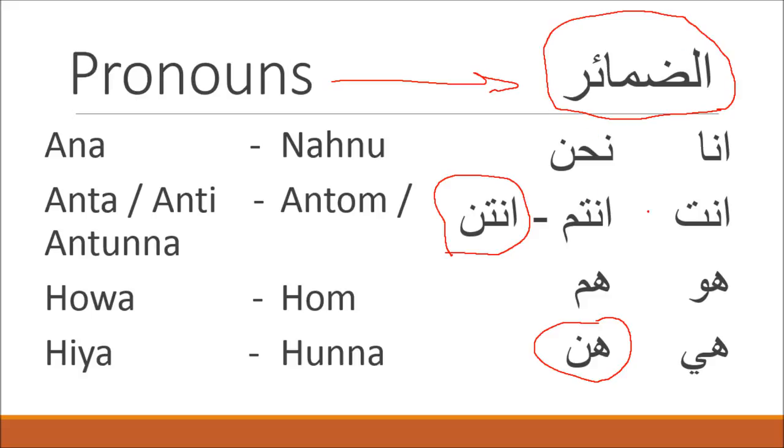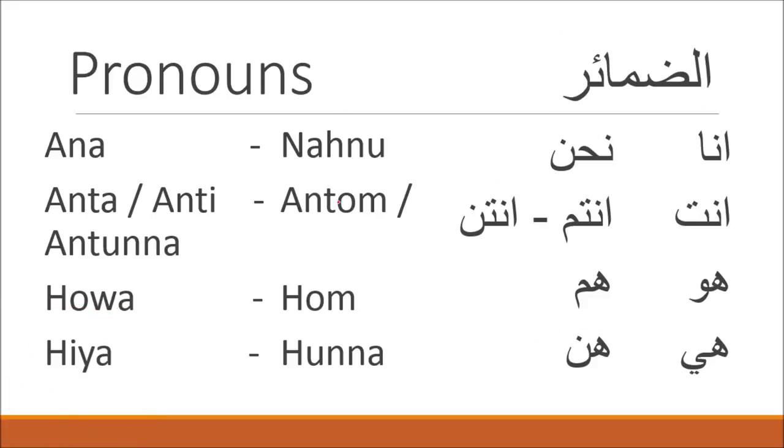But for the meantime, let's start reading al-dama'ir, the pronouns, step by step, starting from the beginning. So ana, which is I, anta, which is you, and anti is the same word but with a different accent. So anta is you male and anti is you female. How do you make the difference between both? You can say anta with the accent on the letter t, and if the accent is below the letter, it is anti.